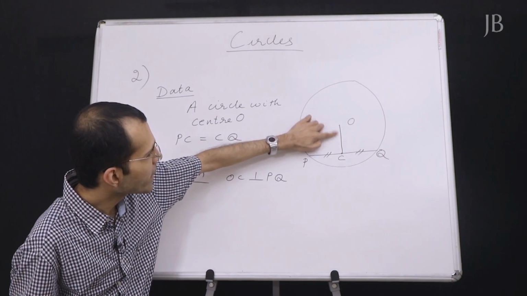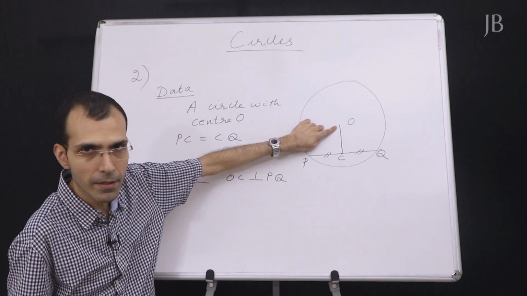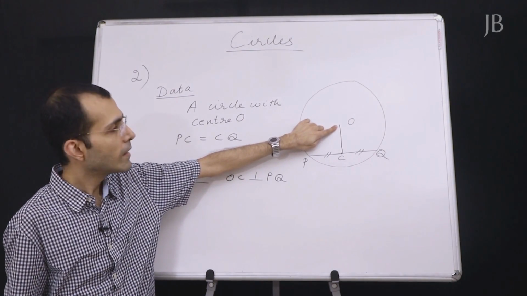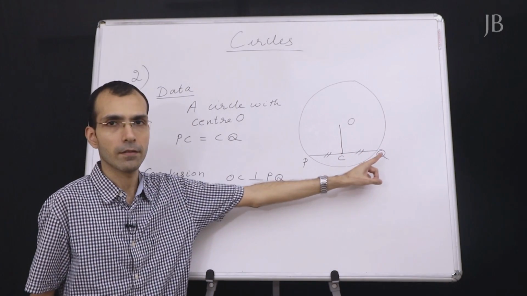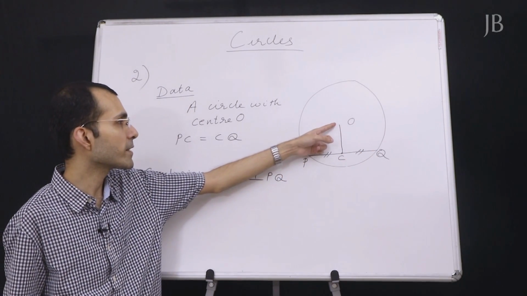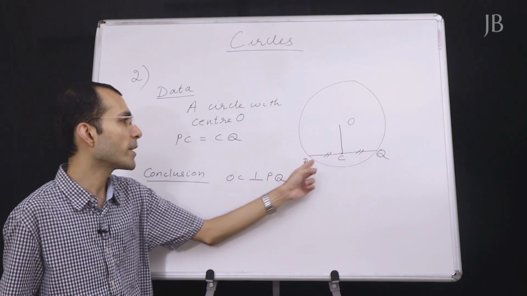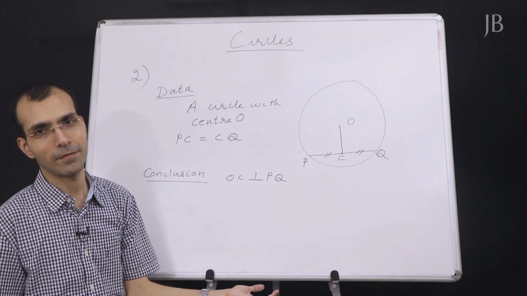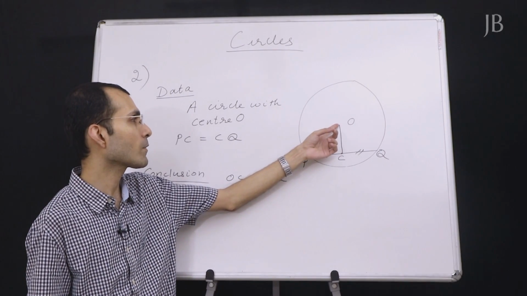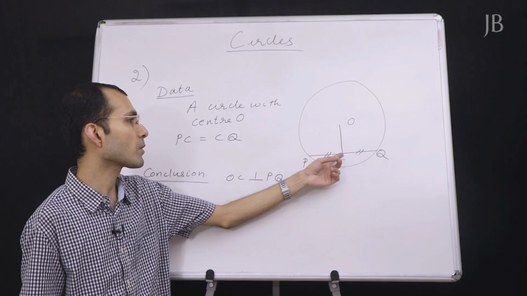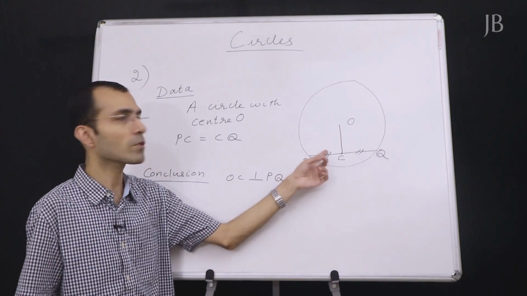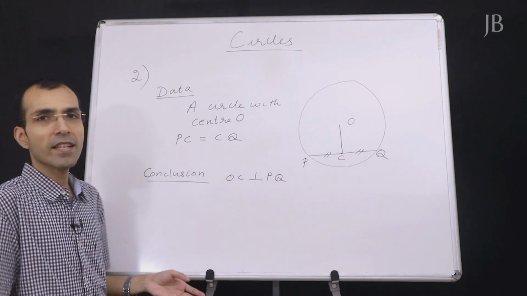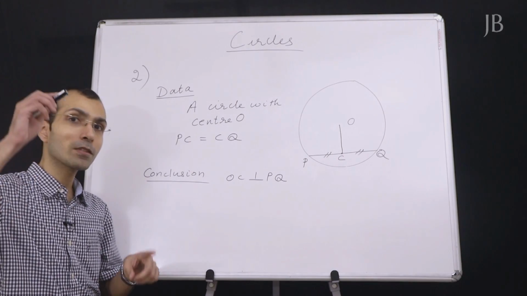The line joining the center of the circle and the midpoint of the chord is at right angles to the chord. We can frame it like this, or you can say converse of the first concept.